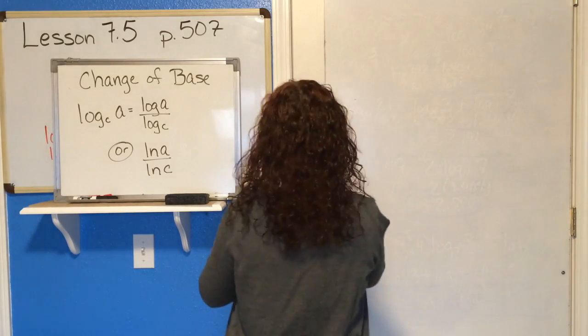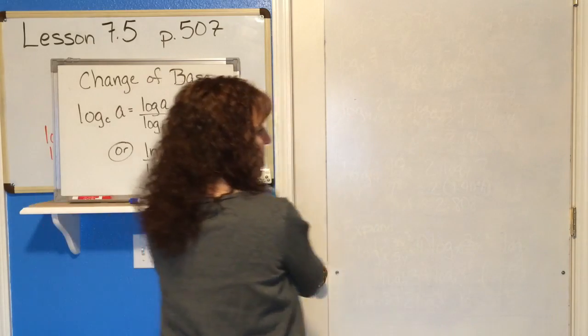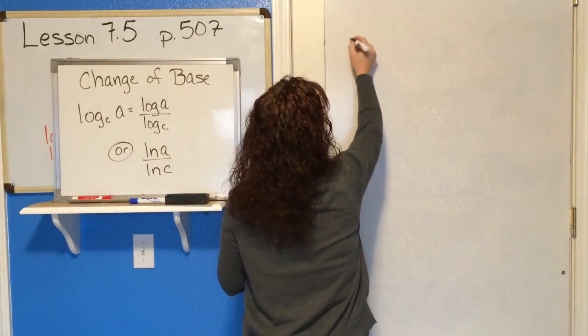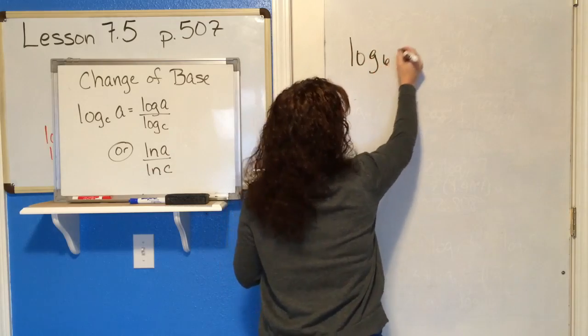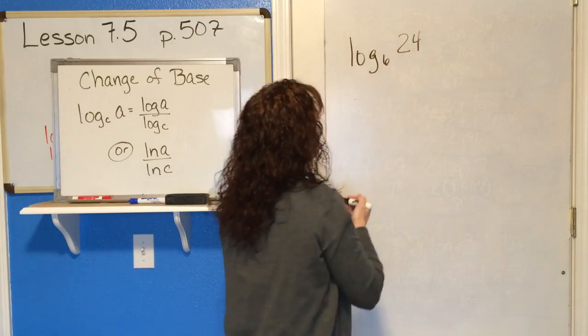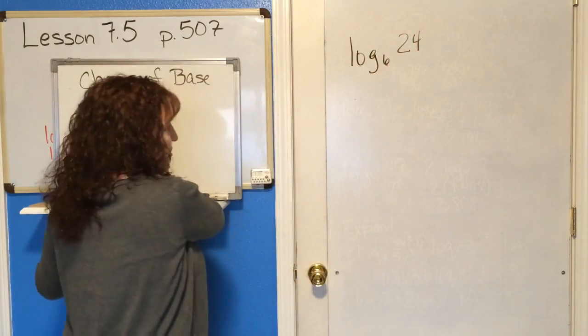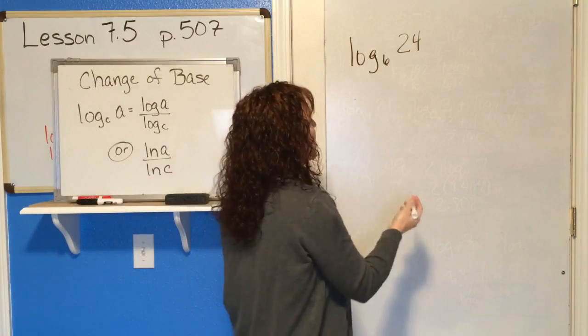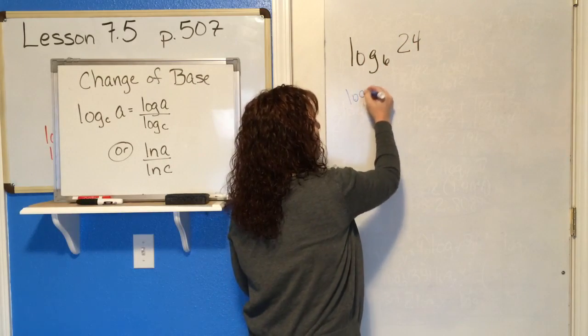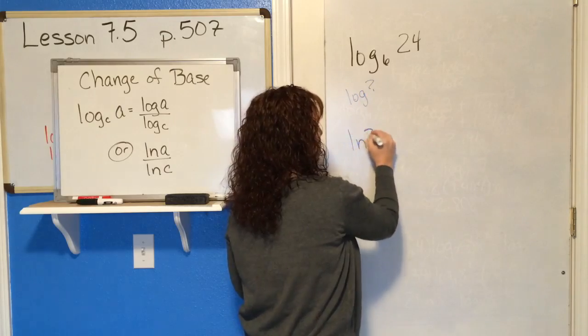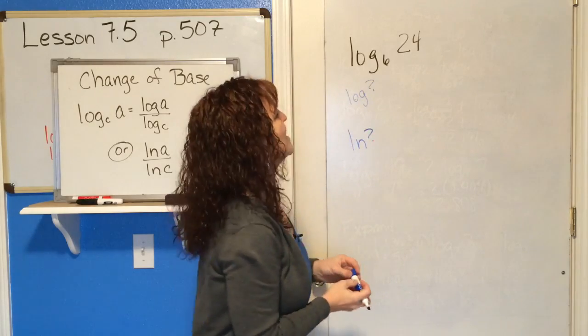So if we've got, let's show you, let's do a couple. Let's do log base 6 of 24. I want to change it first into common log and then into natural log. All right? And what you'll do is this.